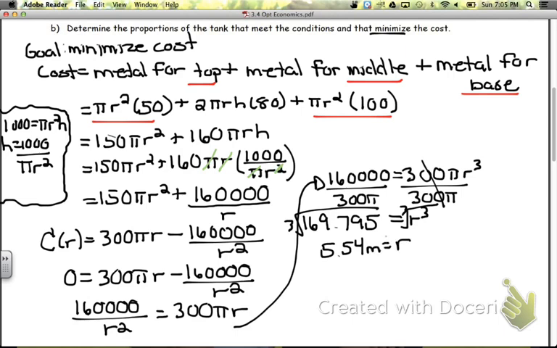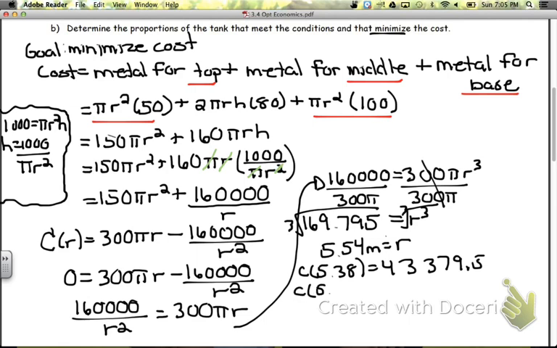So now we can test these values. When we look at the cost, remember when we're testing, you're taking the endpoints of your domain, and you're taking this found point. So we put in 5.38 and we get 43,379.5.